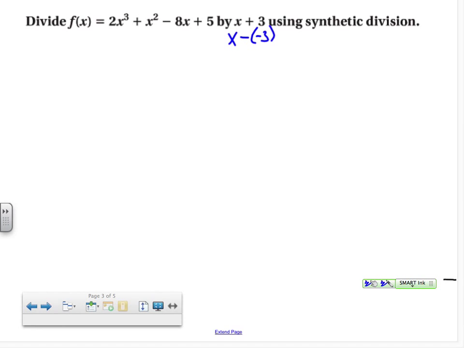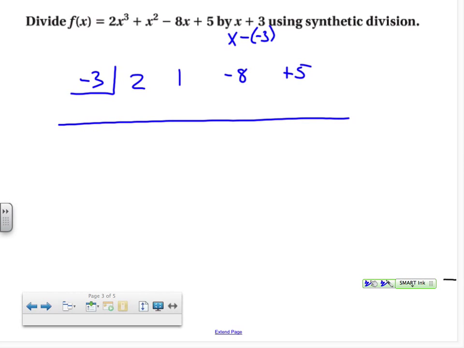So we're subtracting negative 3 here. So to do our synthetic, we're going to write our coefficients out like before. Again, if there's a missing power, you fill it in. We put negative 3 in the box, and then we do our synthetic division.